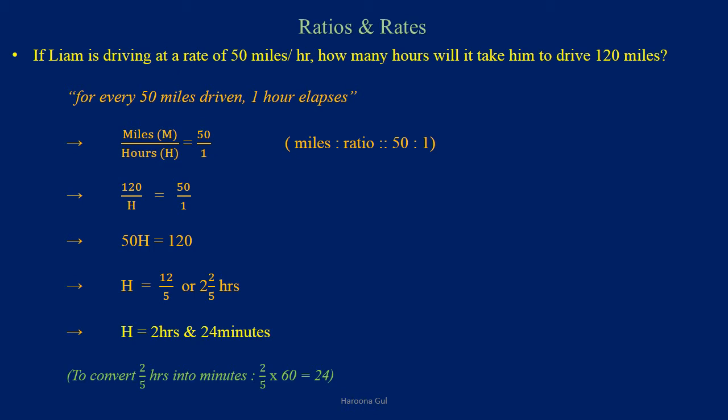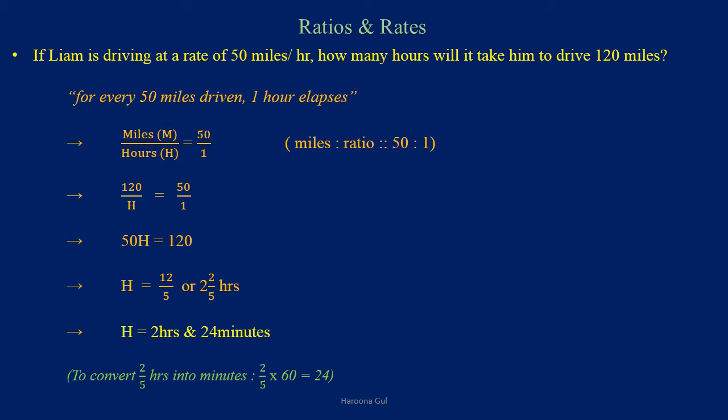To put this statement into equation form, we divide miles by hours and equate it with the values given in the question. So miles over hours is equal to 50 over 1, right?